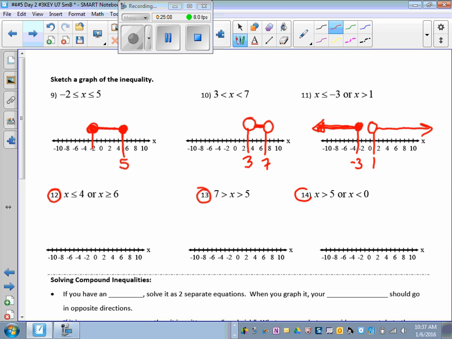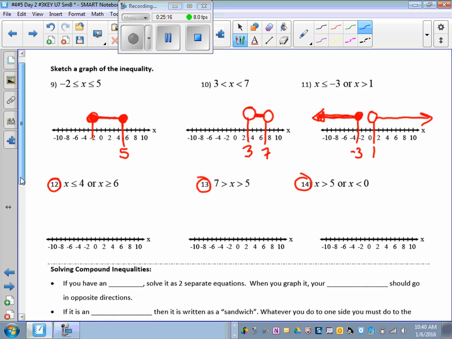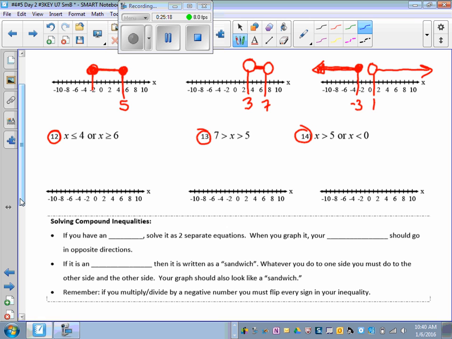I'll give you 2 minutes for this, and then we'll come back together and go over that. Okay, so number 12, we have x is less than or equal to 4, so we have a closed dot on positive 4. Slow down.